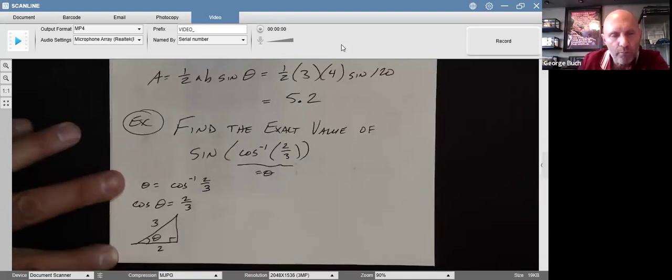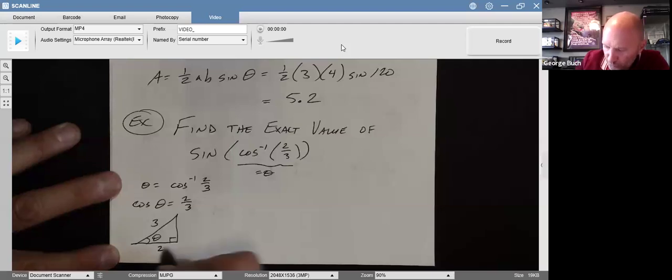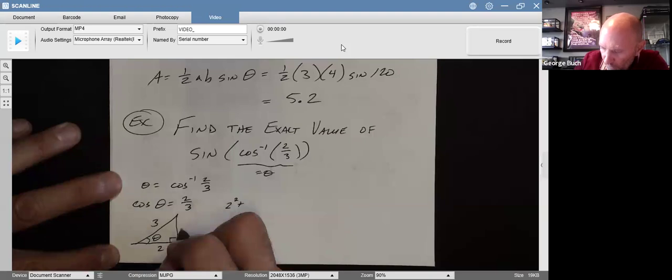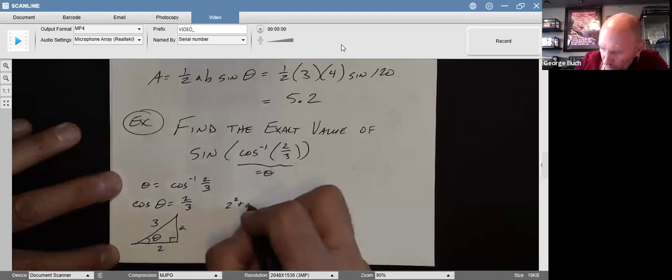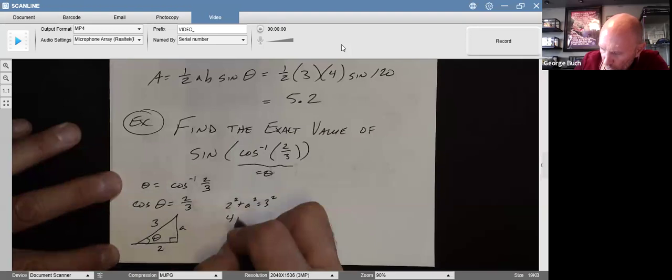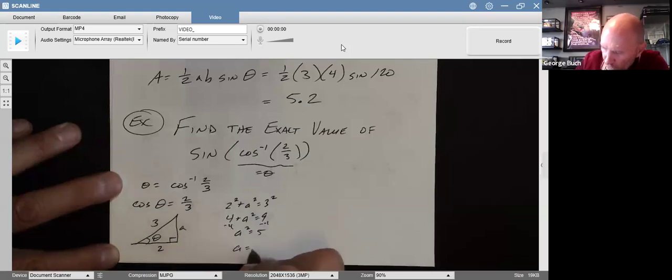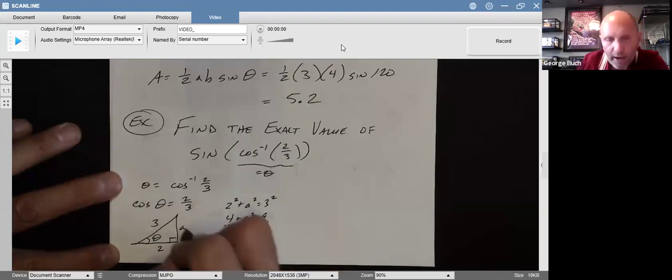And so now, by my Pythagorean theorem, I have 2 squared plus, let's call this A, A squared is 3 squared. So 4 plus A squared is 9. A squared, so subtract 4, is equal to 5. Therefore, A is the square root of 5.